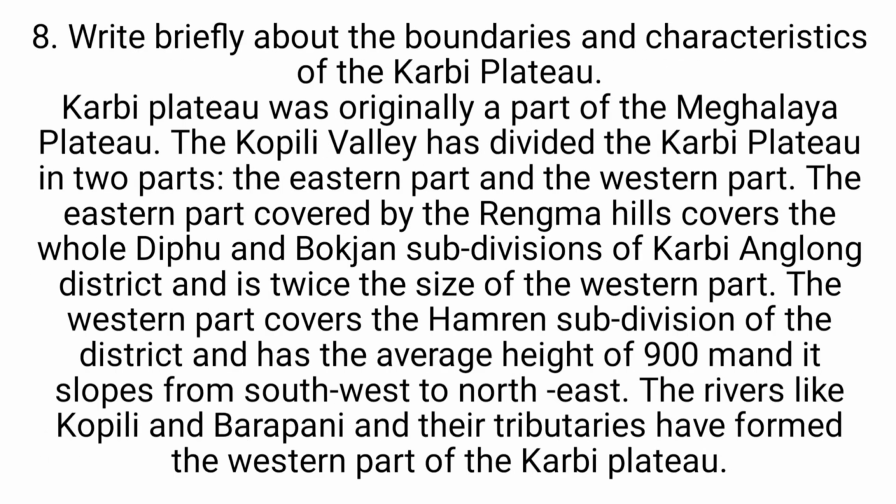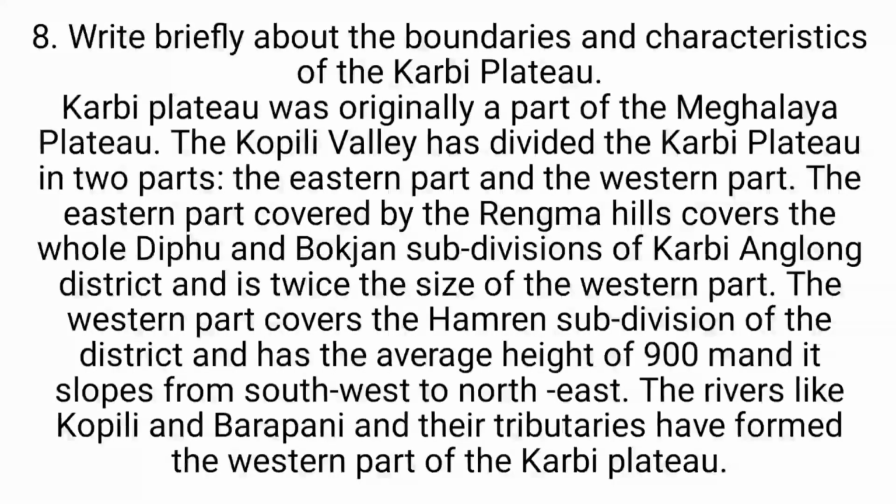Number 8. Write briefly about the boundaries and characteristics of the Karbi Plateau. Karbi Plateau was originally a part of the Meghalaya Plateau. The Kopili Valley has divided the Karbi Plateau into 2 parts, the eastern part and the western part. The eastern part, covered by the Rengma Hills, covers the whole Diphu and Bokajan subdivision of Karbi Anglong district and is twice the size of the western part.